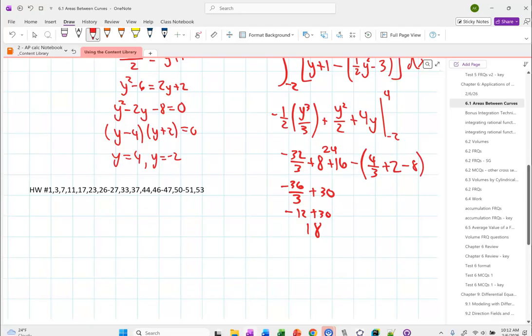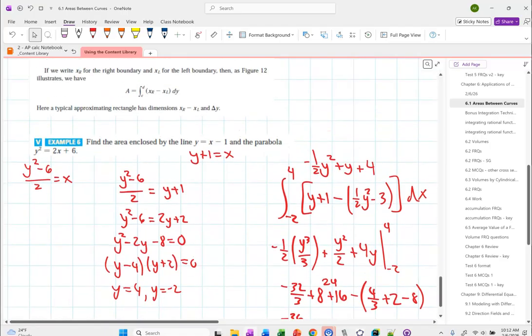So the takeaway here is this area between two curves, you can do left and right, you can do up and down. Doesn't matter. If you want to do left and right, you have to write them in terms of y. So you have to get the x by itself, a little bit of algebra.